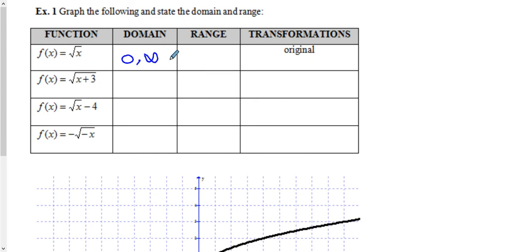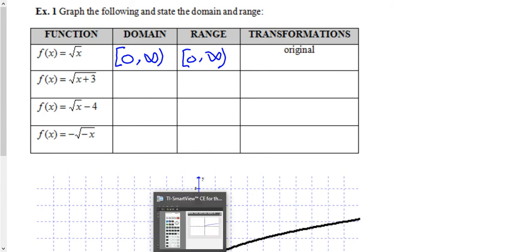And of course, reminder that whenever we have infinity, it's going to be the rounded bracket. And with 0, we want to include that in our answer, so it's going to be a square bracket. Our range was, the lowest was from 0 going off to infinity as well, going upwards to infinity. Transformations, there should be none, as this is my original graph.